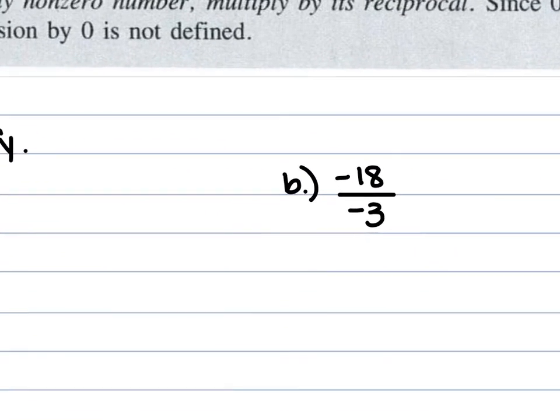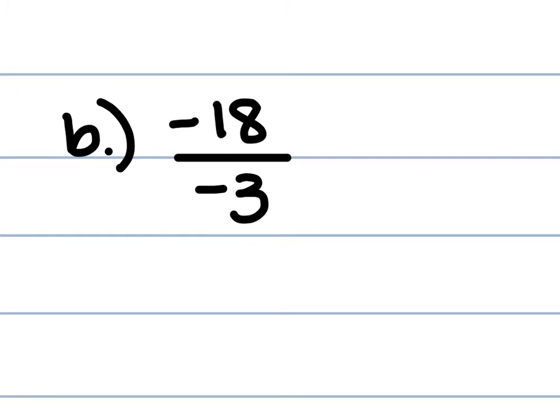Now, when I get to division here, what is the very first thing I should do when I see a negative on top and bottom of a fraction? I see a negative on top and bottom. What can I do with that? How about this? Would you agree that this is exactly the same?